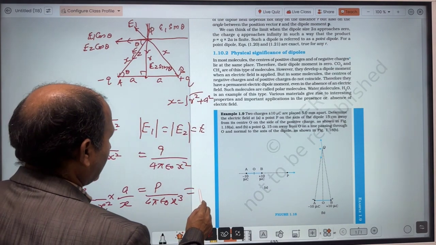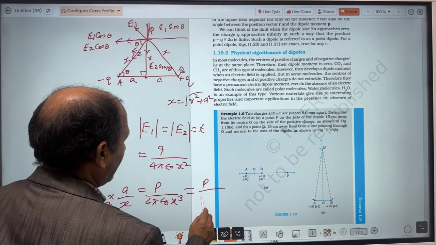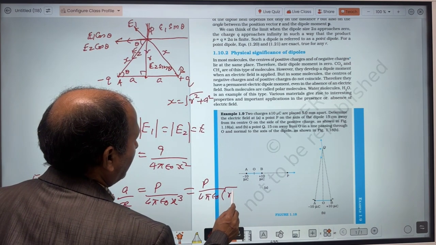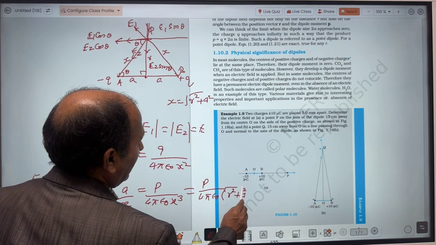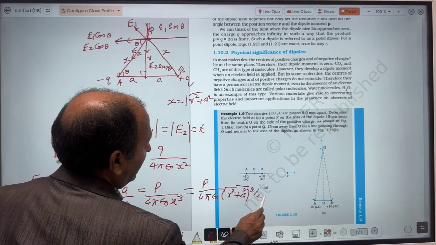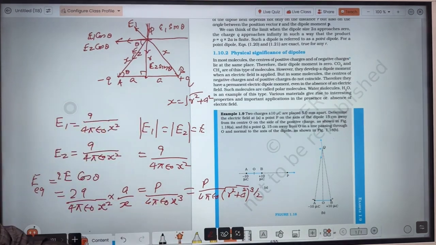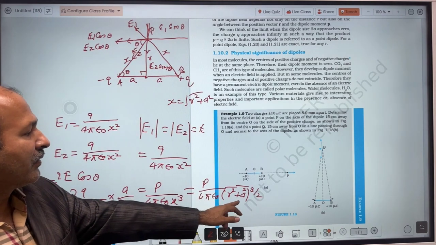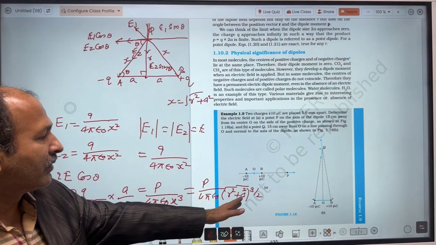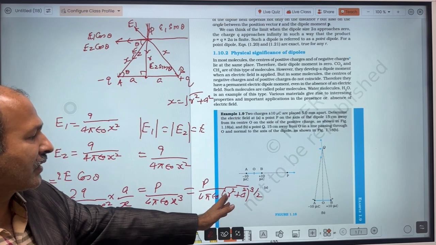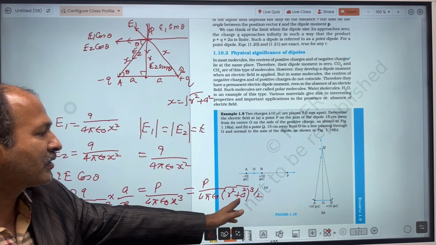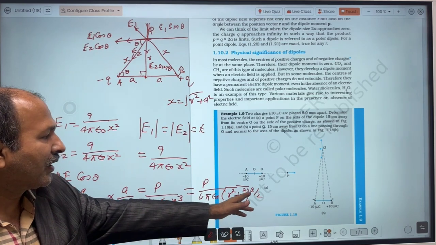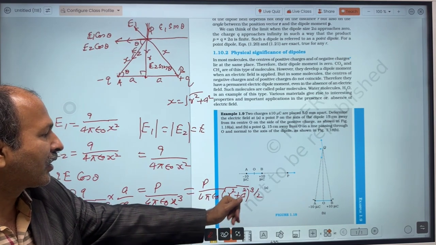So we can write it as P upon 4 pi epsilon naught times (r square plus a square) whole power 3 by 2. Later on, we can do a certain approximation and neglect the value of a, or we can say that r square is greater than a square. In that case, a square will be removed and then we will get r cube.